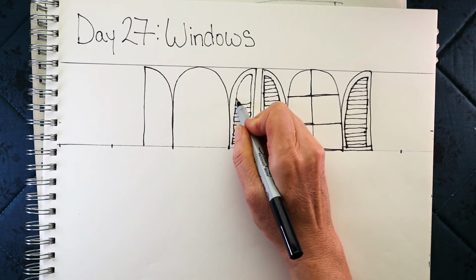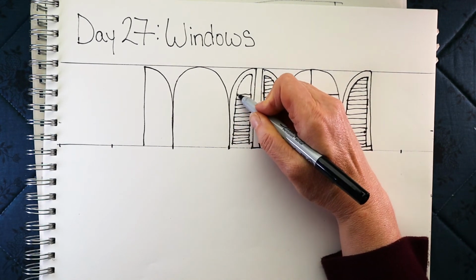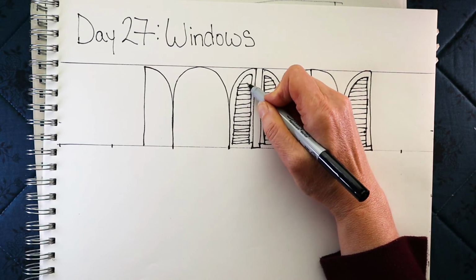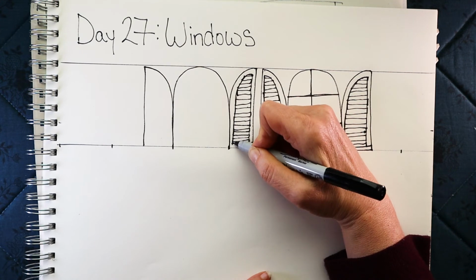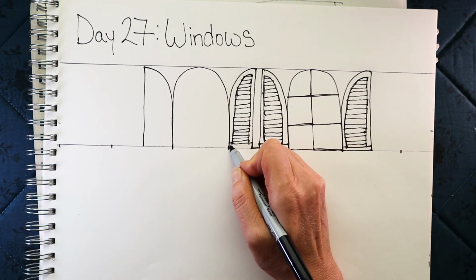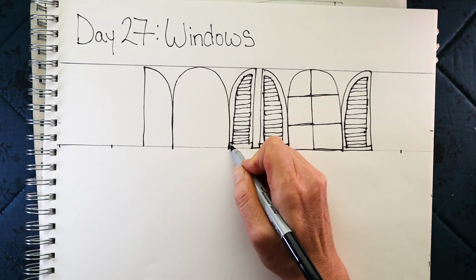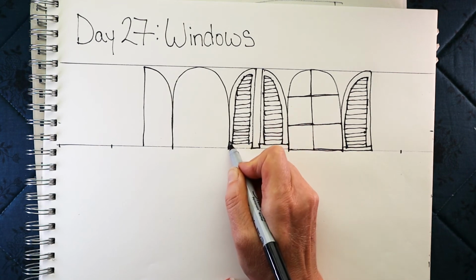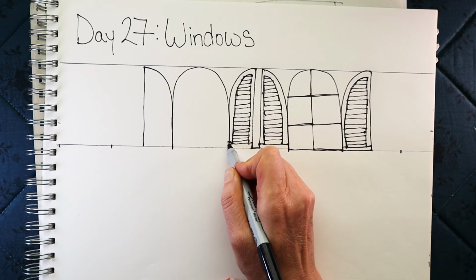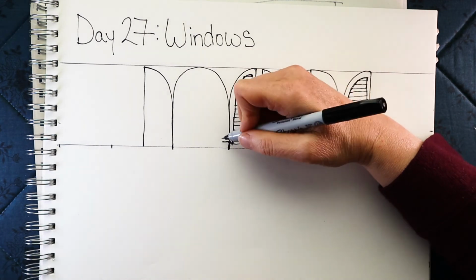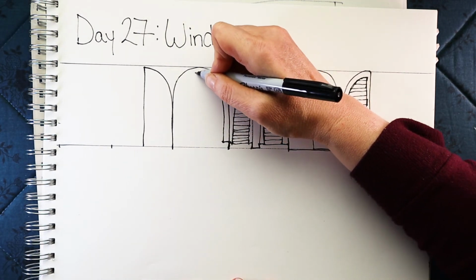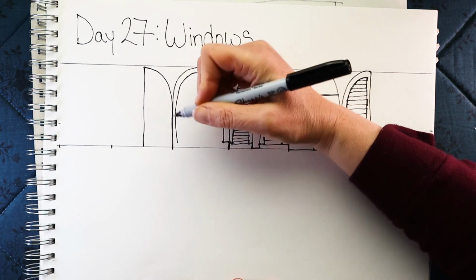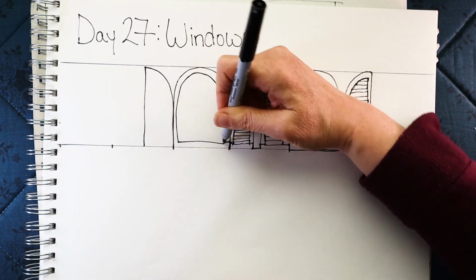Now for this next window that I'm coming up to, I am going to show you an alternate way that you could create the inside and the panes. So I'm going to travel in, I'll just travel in at the same height as this travel line right here, and then I'm going to echo the inside of the window just like I did with the shutter.